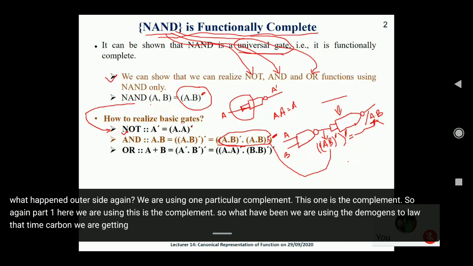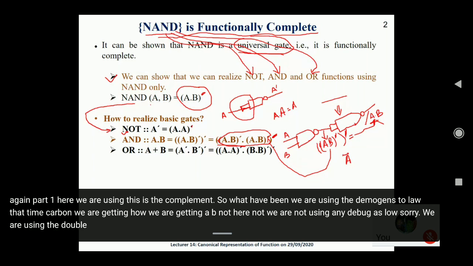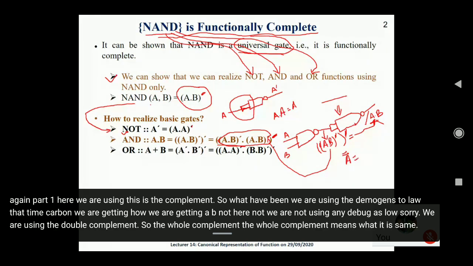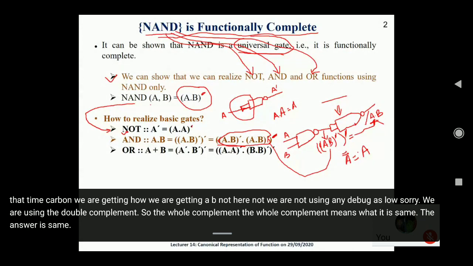How are we getting AB? We are not using De Morgan's law, sorry, we are using the double complement. Double complement means the answer is the same.